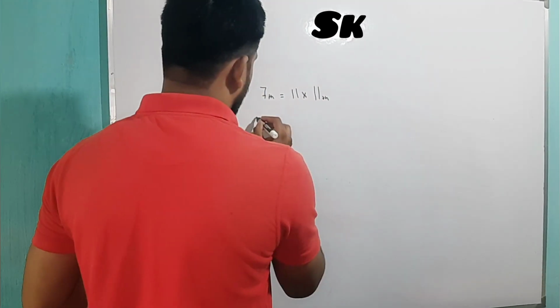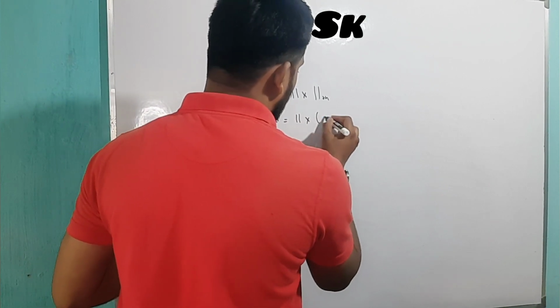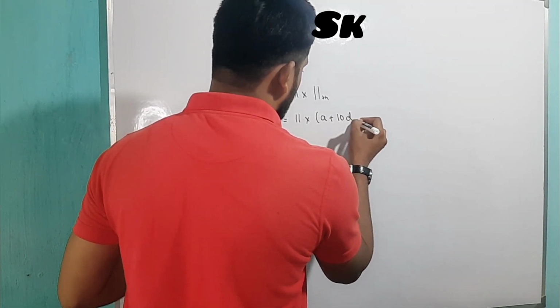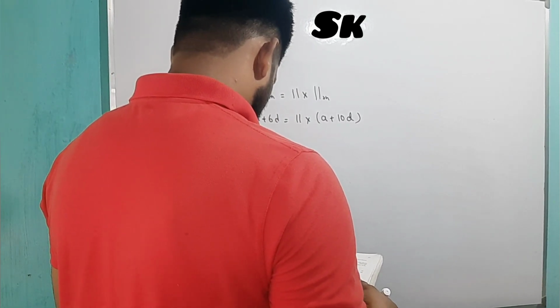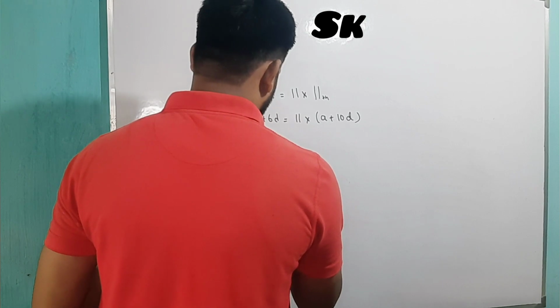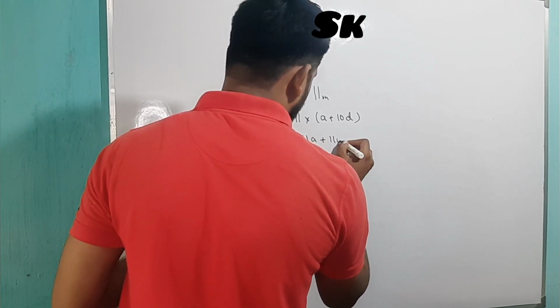Okay, 7th term means a plus 6d equal to 11 multiplied by a plus 10d. Clear? Now, after that, when you solve this one, a plus 6d is equal to 11a plus 110d.